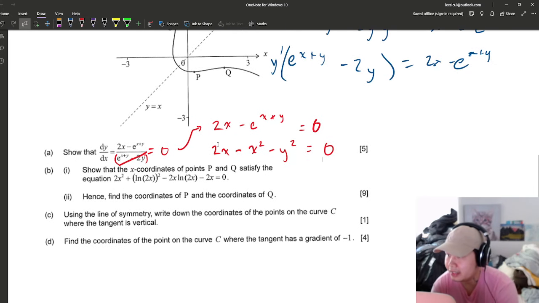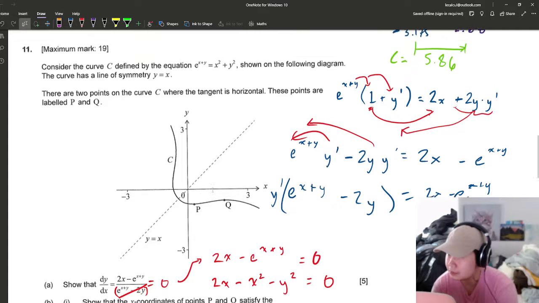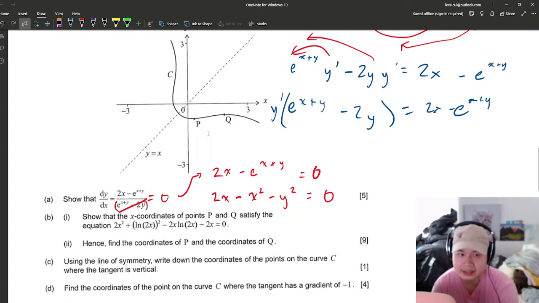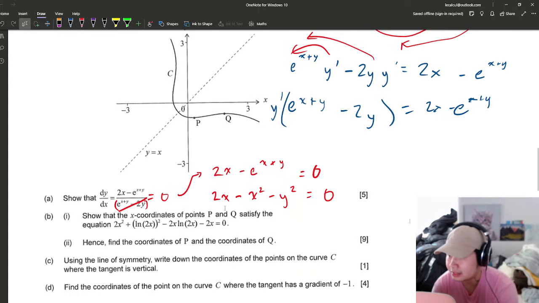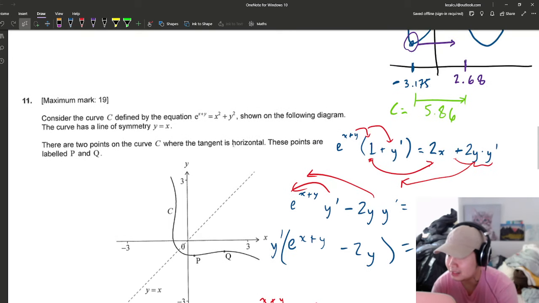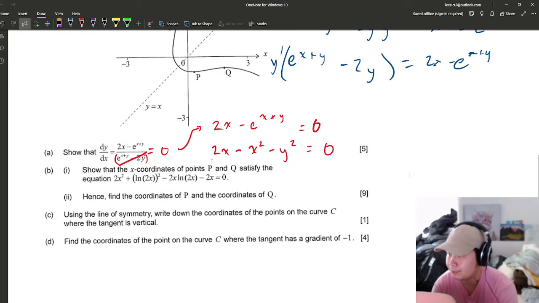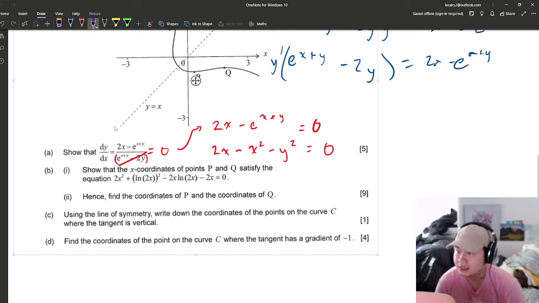And then I also do not have any y's. So I need to solve for y in terms of x. And I realistically only can do either this one, but I don't think you can solve for y like that. Or this one. This one looks good. Okay. So we got to use this twice. So from here, right, this is saying that e to the x plus y is equal to 2x.